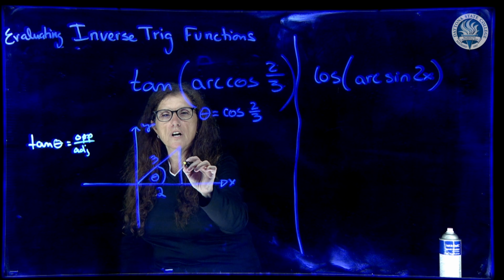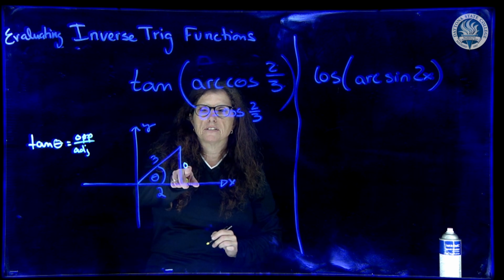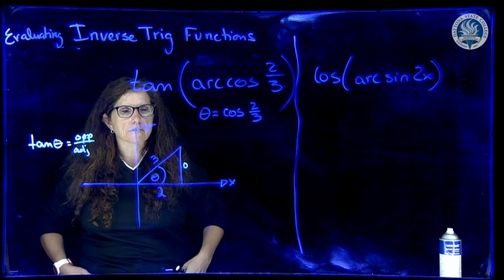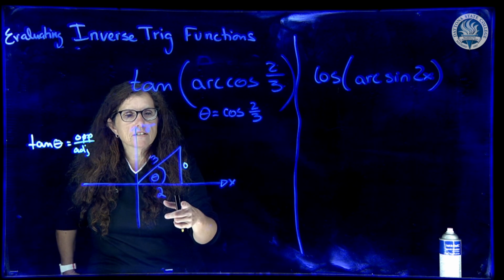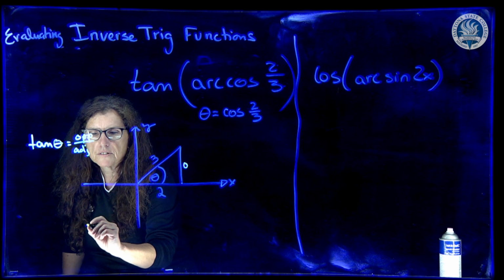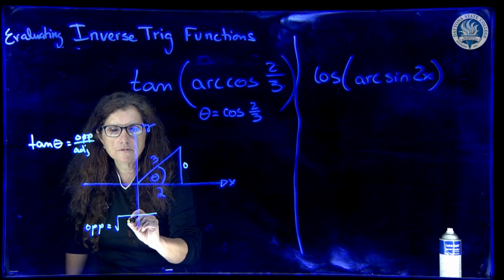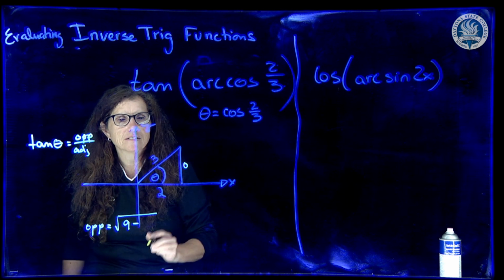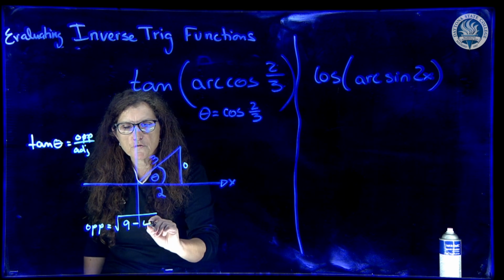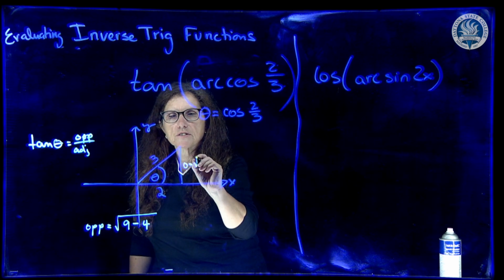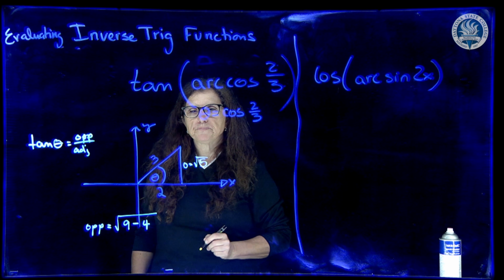So I don't have the opposite side here. What I need to do is use the Pythagorean theorem again and find the opposite side. So opposite is equal to the square root of 9 minus 2 squared, which is 4. So the opposite side here is the square root of 5.